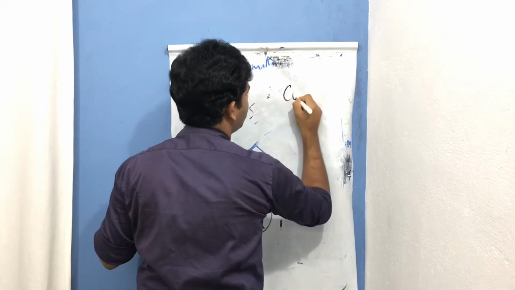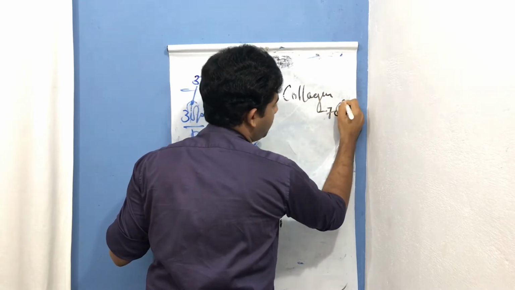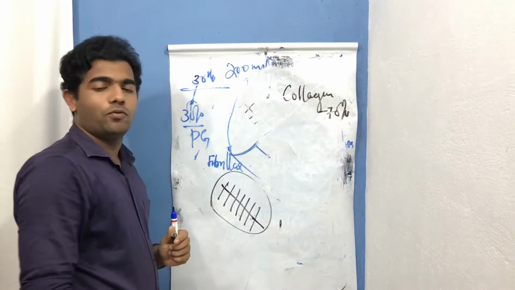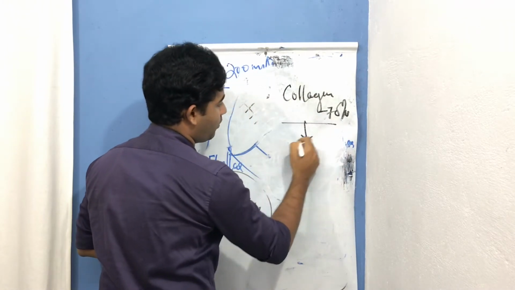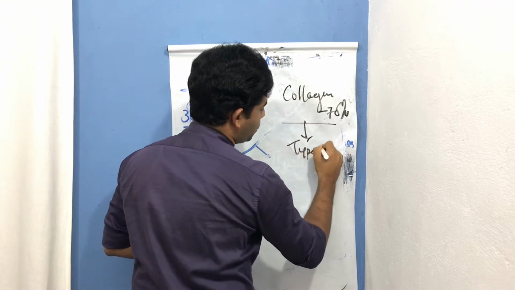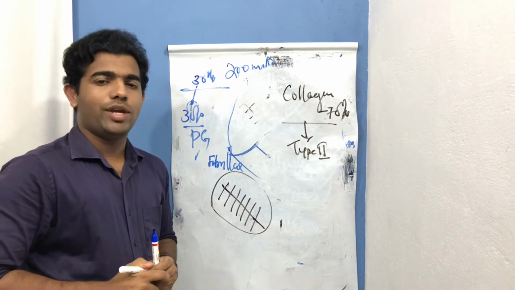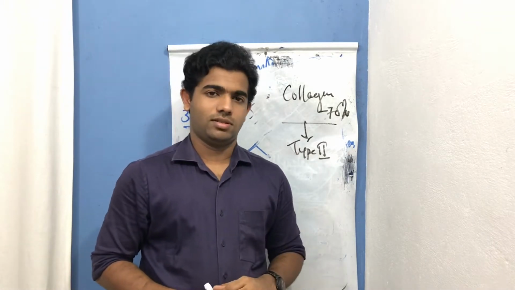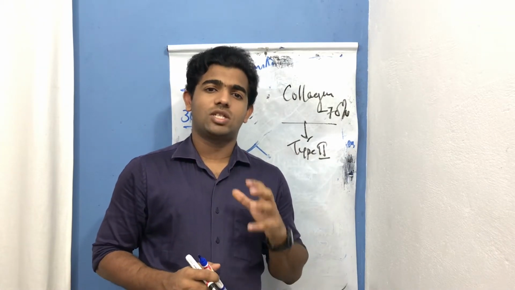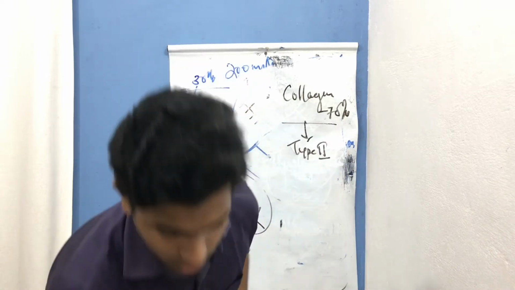The collagen forms about 70% of the dry weight of the cartilage. And the major type of collagen seen is type 2 collagen. We saw that in bone we have type 1. Here we have specifically type 2 collagen molecules. So this is the basic composition of the cartilage.